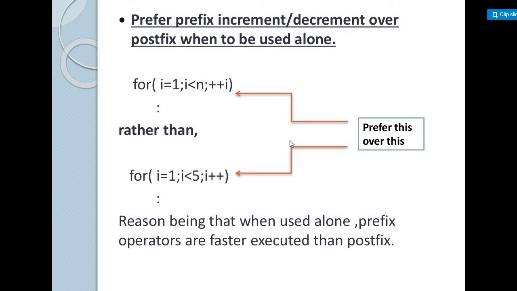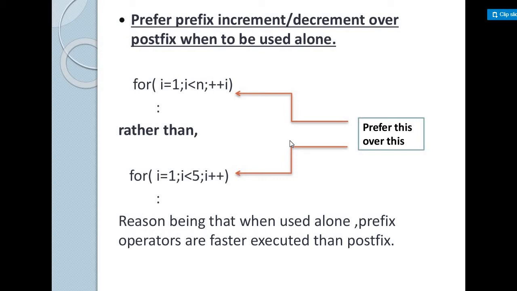So prefer prefix increment or decrement over postfix when we use it. So we see here in for loops, sometimes we use prefix increment and sometimes postfix. The reason being that actually we prefer prefix increment over postfix.